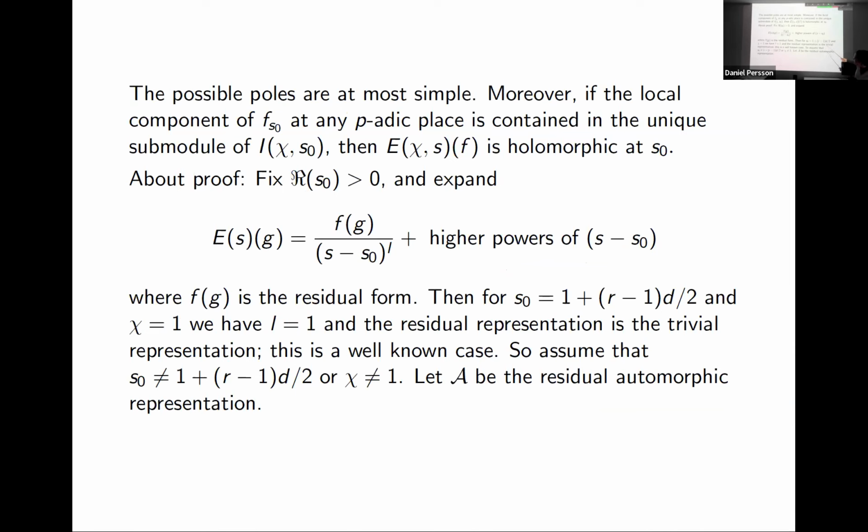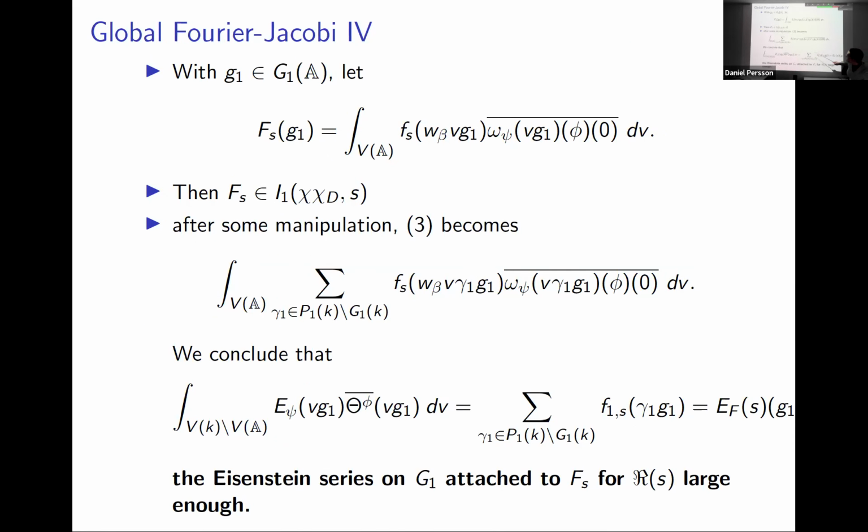Okay, but the expression you have here in this integral is really this. So instead of the Eisenstein series, you just plug in the residual representation, which is the highest power, the most negative power in the expansion of this Eisenstein series.